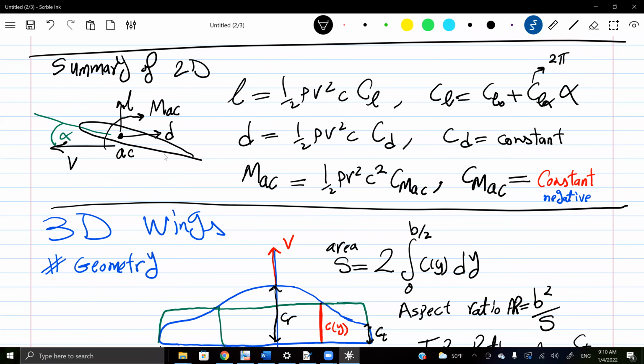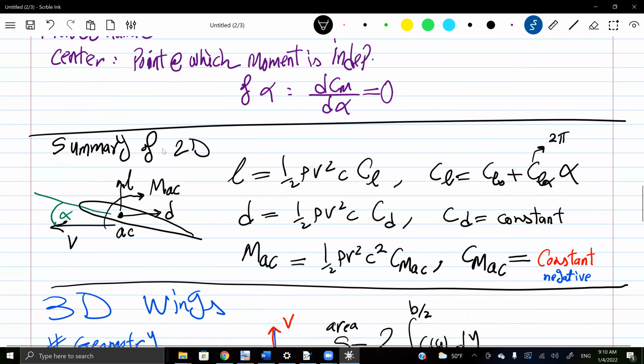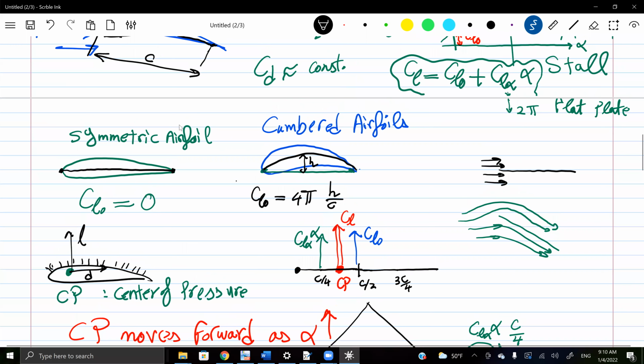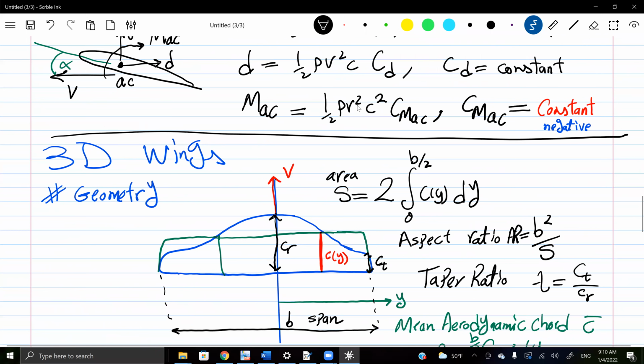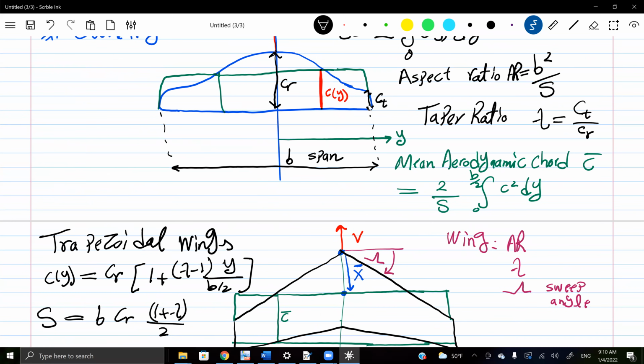Any section is a 2-dimensional airfoil, so it has its own chord length, C. Now I have a section at the tip, so its chord length is C tip. And I have another section at the root. Its length typically is larger, so its length is C root.